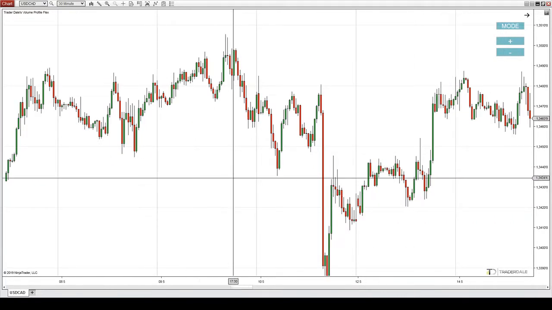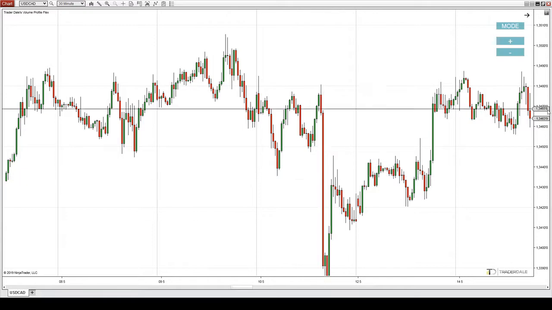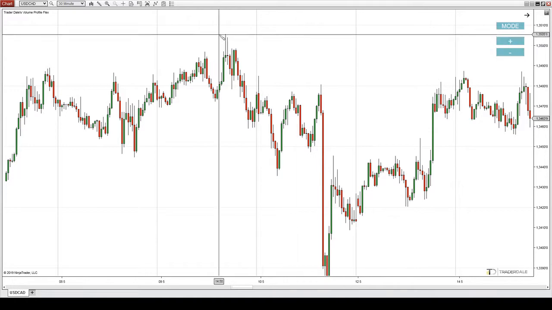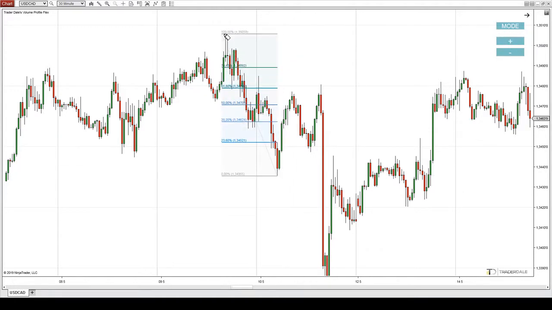Now in this case there seems to be a nice ABCD setup, but there is a macro news. This candle is a macro candle and you don't want to be trading when there is macro news. So unfortunately this time it would be invalid, but let me show you. So you see the setup.